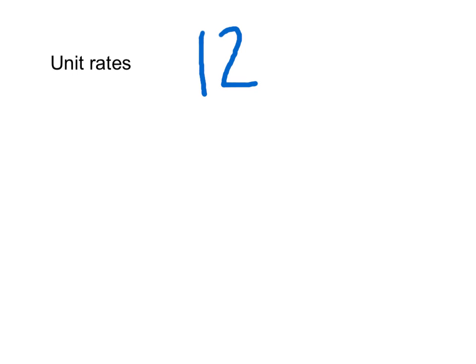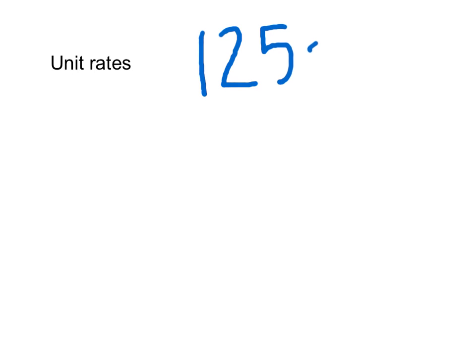Okay, so we've talked about rates, and now I want to talk to you about some very specific types of rates. The first one is a unit rate. So a unit rate is a rate, so a comparison of two quantities, but the unit rate is per a single unit, hence unit rate.